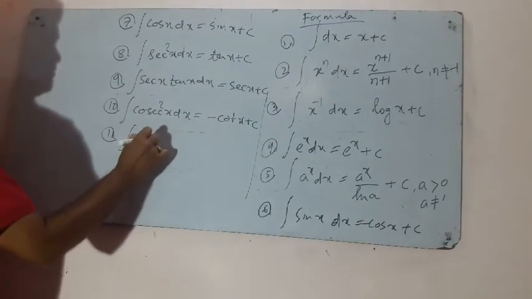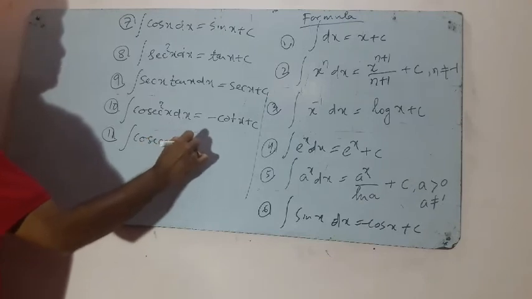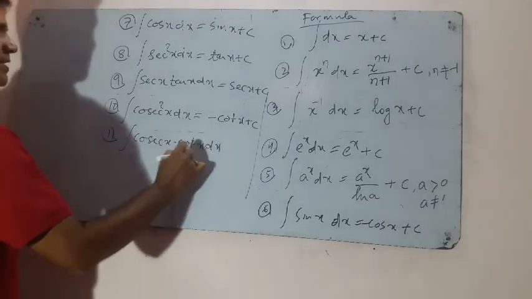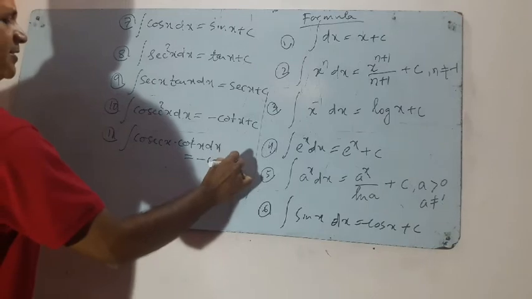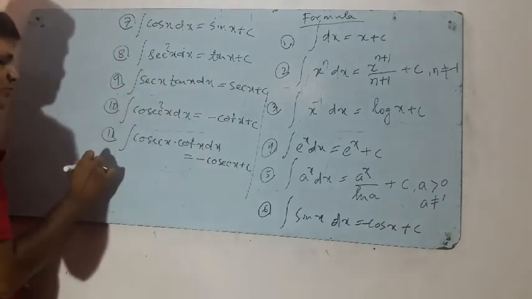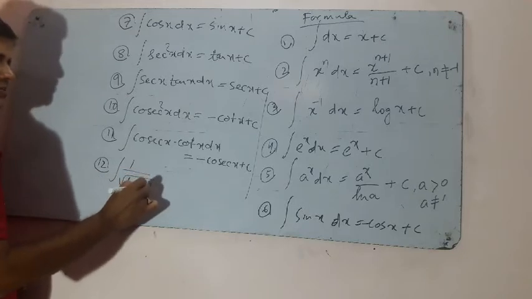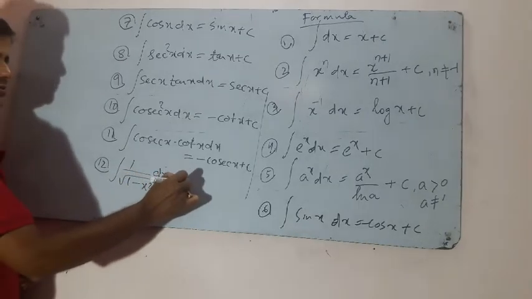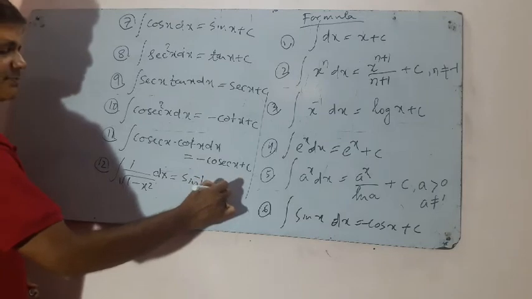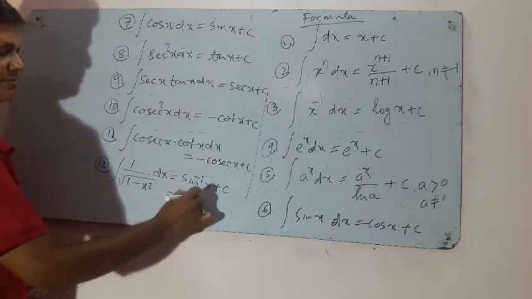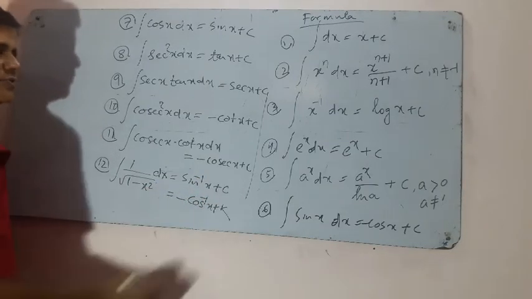Integration of cosec x into cot x into dx is equal to minus cosec x plus c. The 12th: integration of 1 by root over of 1 minus x square into dx is equal to sin inverse x plus c, or minus cos inverse x plus k, whatever it may be.